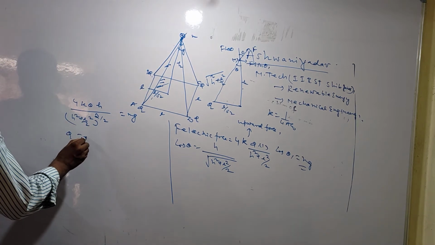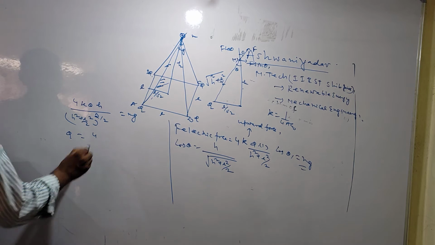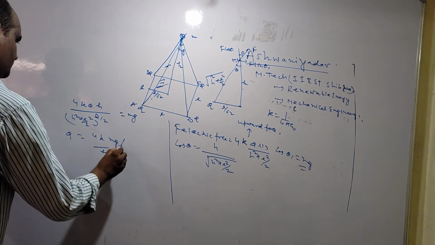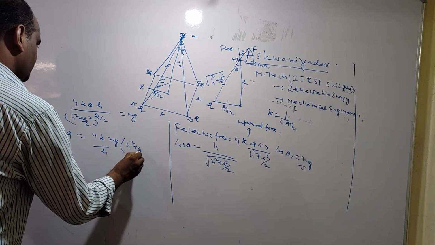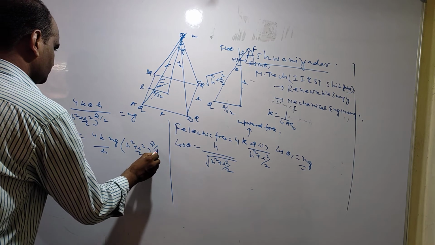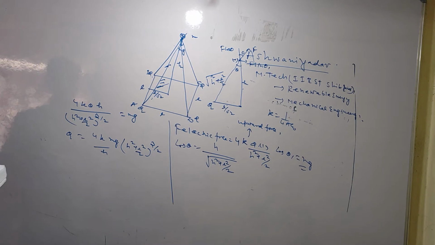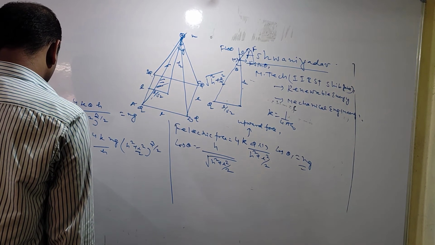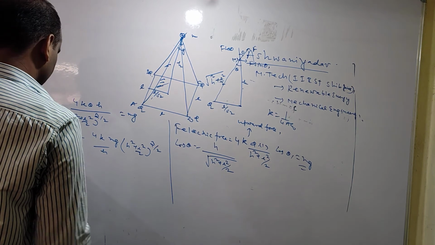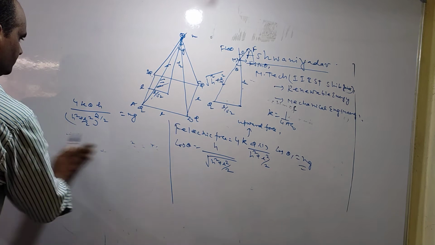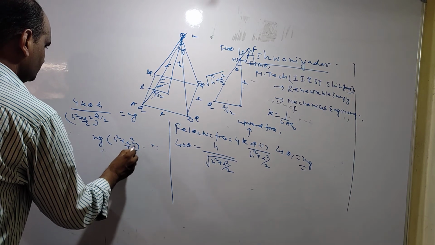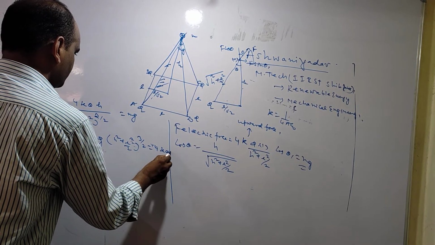Now q is, sorry, this will be mg into h square plus L square by 2 to the power 3 by 2, divided by 4 k q h.